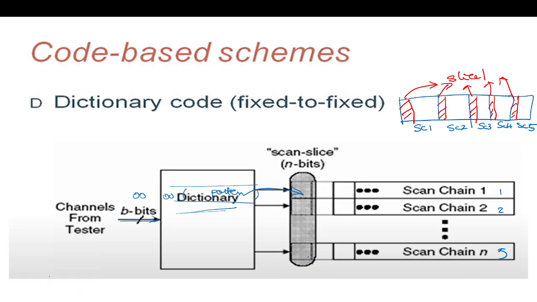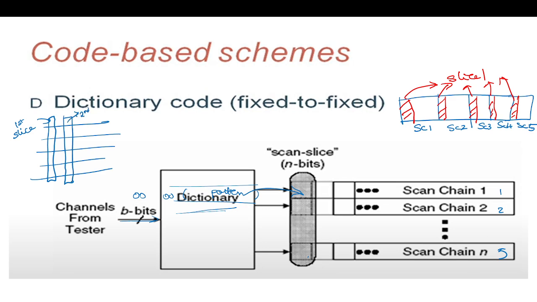And similarly we will have the next slice. So if we have the 5 scan chains, this is the first slice, and this is the second slice, and similarly this will be the third slice, and so on. So if say we want to apply pattern 00, this will be applied to the first slice. Say 1, 0, 0, 0, 1.